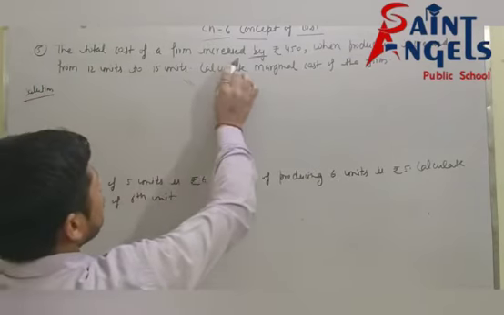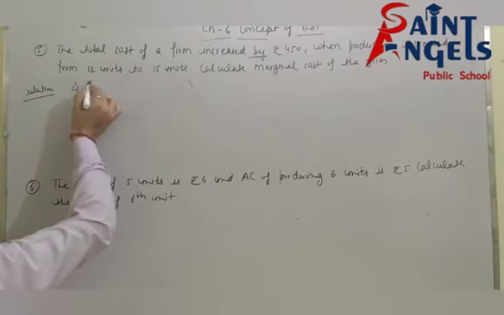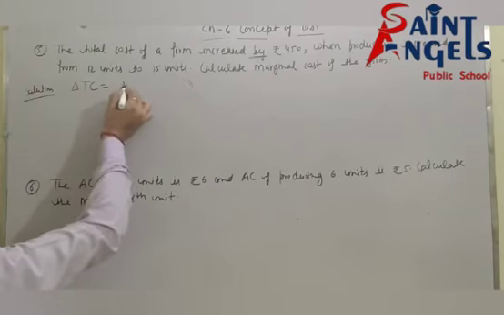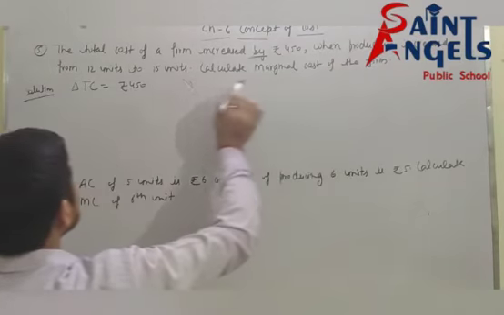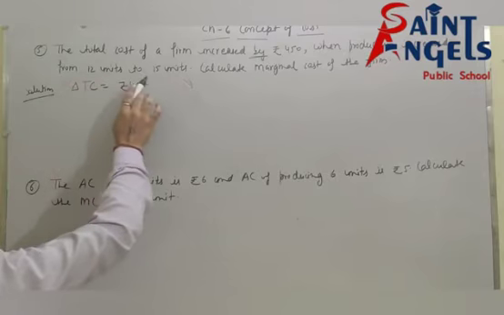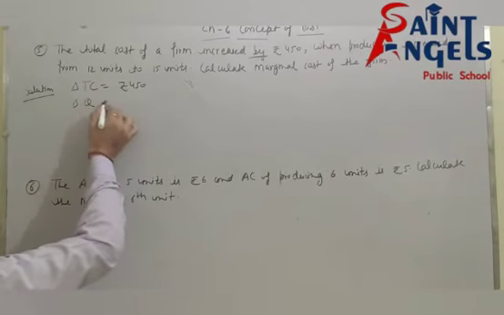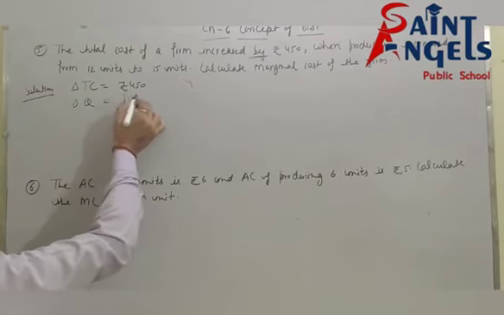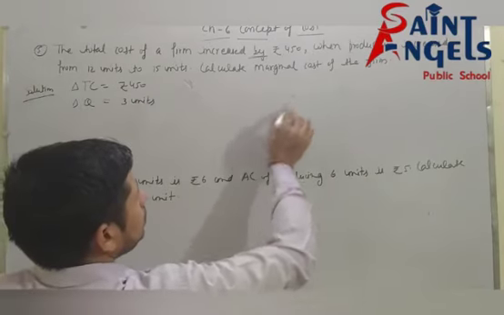Total cost of firm increased by means change, and change in TC is equal to rupee 450. When production increased from 12 units to 15 units, means change in output is equal to 3 units. Calculate marginal cost of the firm.